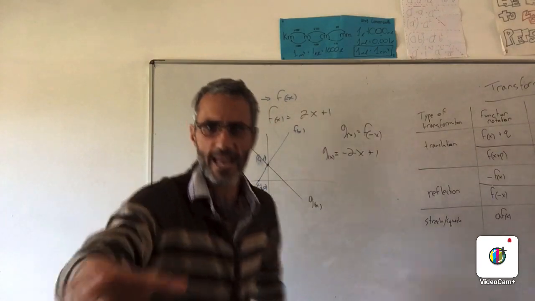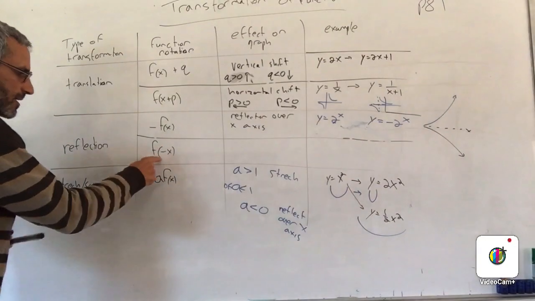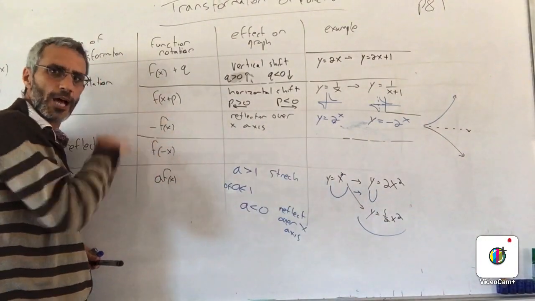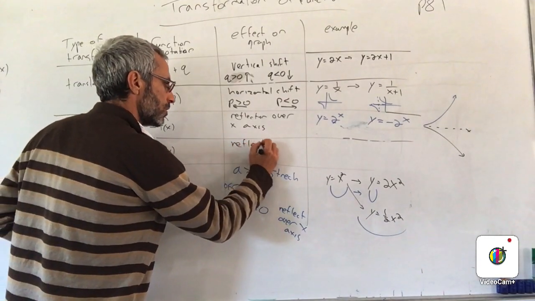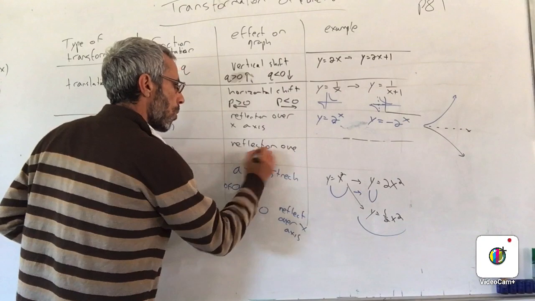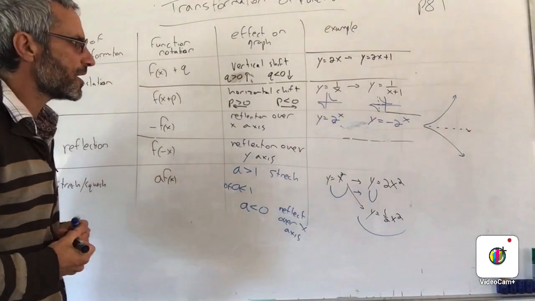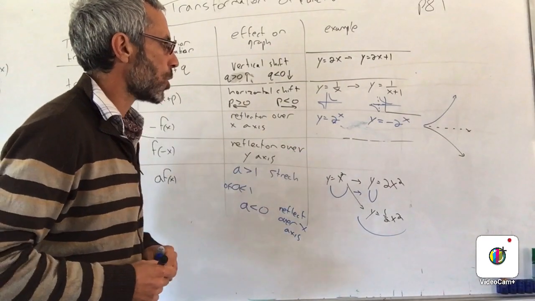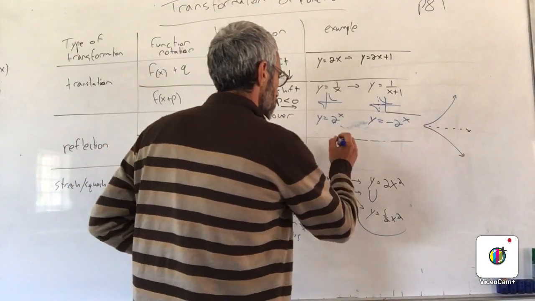Okay? So I'm going to take you back here and use the example that we just did to realize that if I take a function and everywhere it said x, now it's going to be minus x, what I'm doing is reflection over the y-axis. And what we'll do here is draw another example, maybe with an exponent as well. You'll be less familiar with that, but I'll draw it anyway.